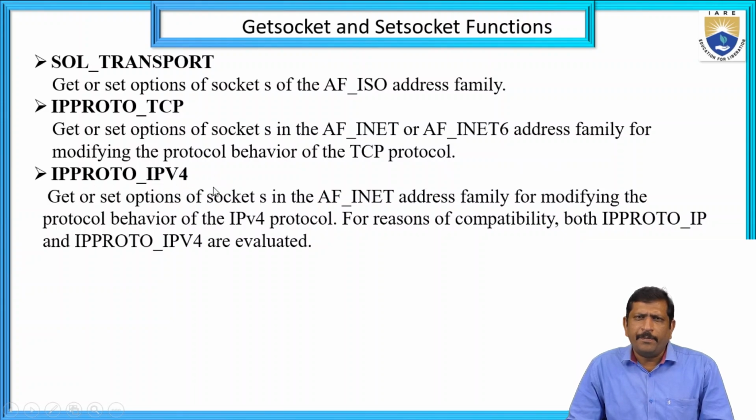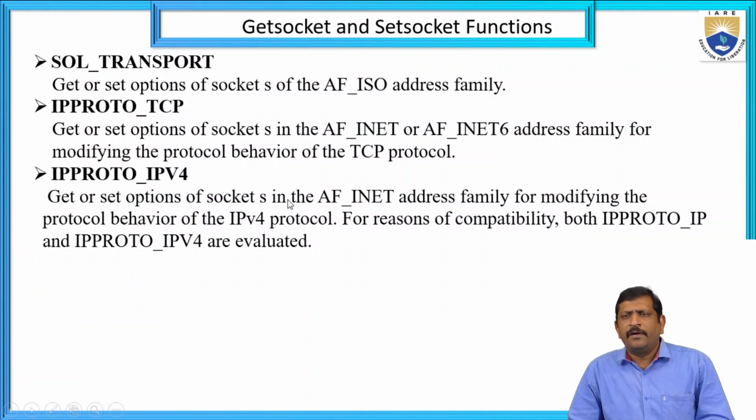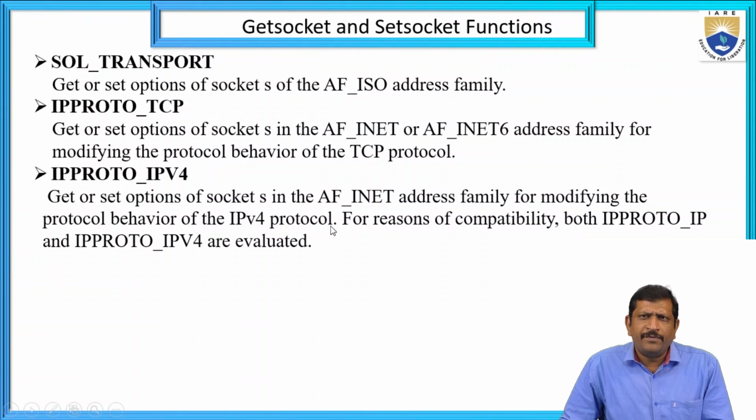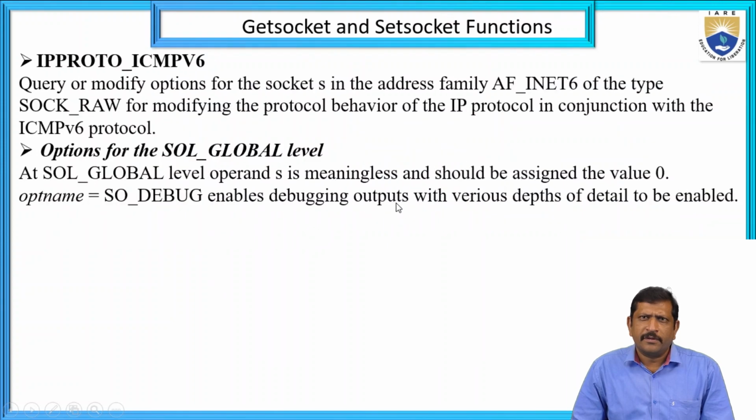IPPROTO_IPV4 gets or sets the options of the socket S in the AF_INET address family for modifying the protocol behavior of the IPv4 protocols. This is for compatibility; both IPPROTO_IP and IPPROTO_IPV4 are evaluated.